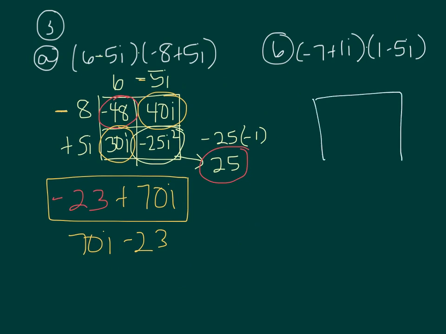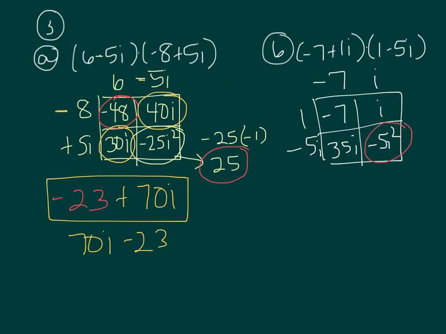So number 6, we're going to do the same thing. Negative 7, we've got an i, and then 1 minus 5i over here. So this is going to give us negative 7, positive i, positive 35i, and negative 5i squared. So again, this negative 5i squared is actually negative 5 times negative 1, which is positive 5.